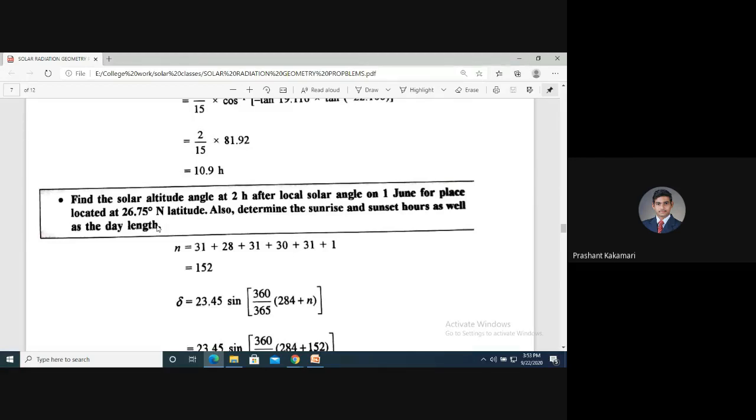So here, first solving this problem, for the June 1st, we can find out declination angle, altitude angle we can find out by knowing the other angles, hour angle, altitude, latitude. So after all these findings, we can go to the day length.